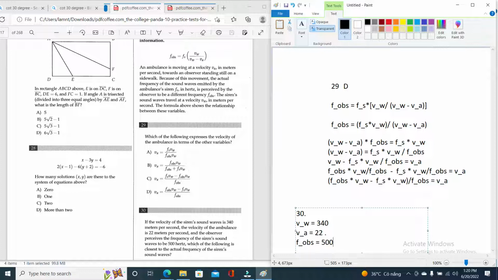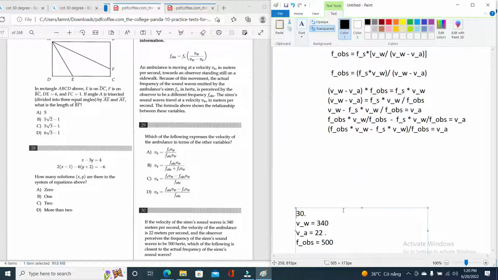So now they asked about the actual frequency of the sound wave. So they asked about FS, knowing VW, VA, and F observed, right?